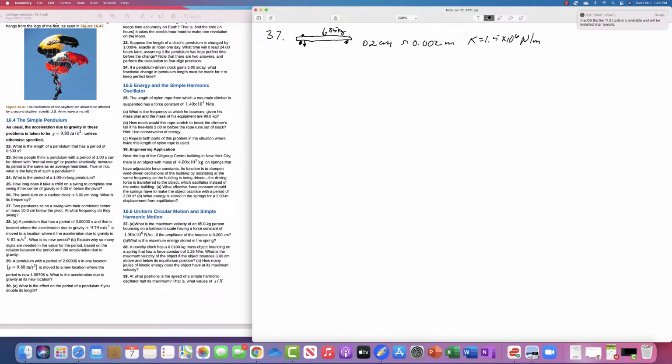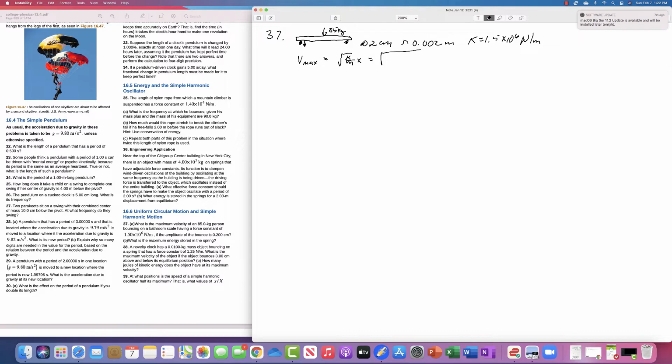Now in your book, there's a formula worked out for the Vmax, and that formula is equal to the square root of k over m times x, where x is the distance that the oscillation travels, k is the constant, and m is the mass. And so all we have to do is plug in the various components here.